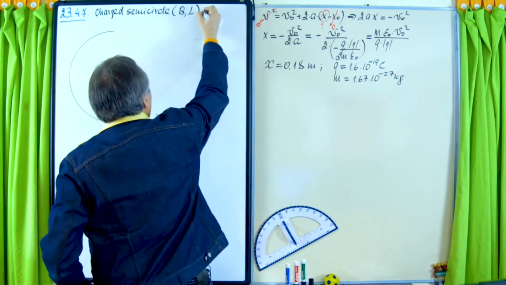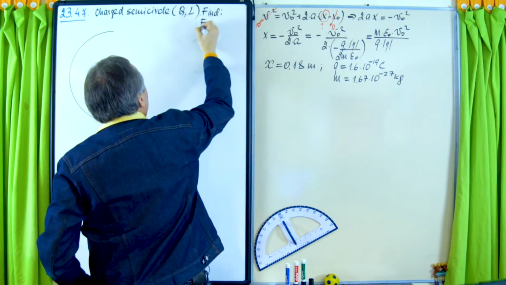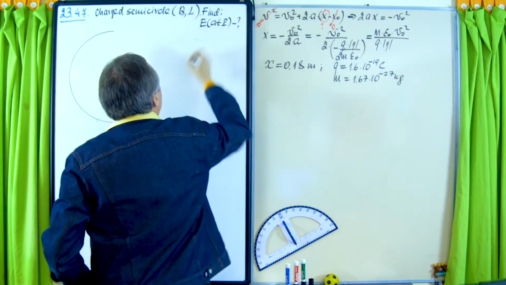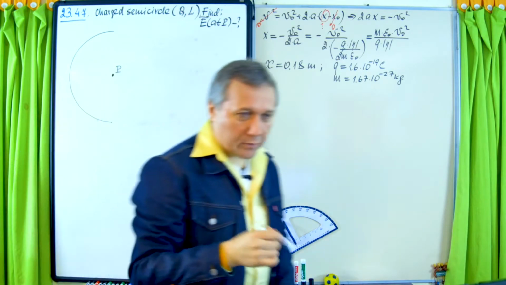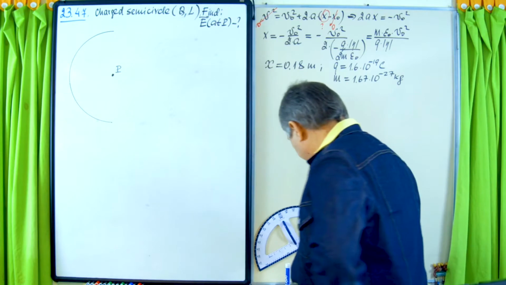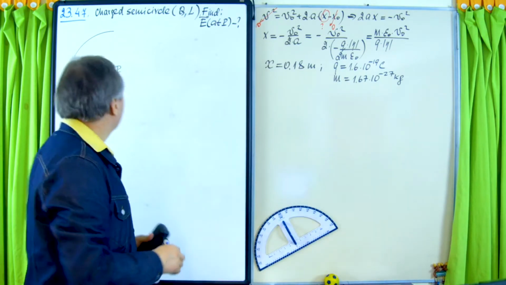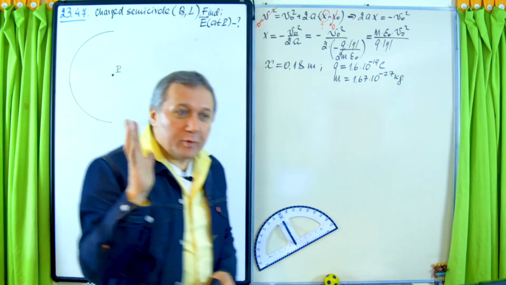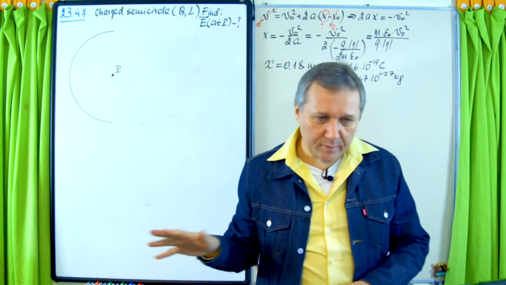So let me write down. So we need to find E at the point P. Actually, as a vector, I'll probably write down. So yeah, that's it, right? And of course, this is the center. Since we will have to find vectors, a vector coordinate system is a must.